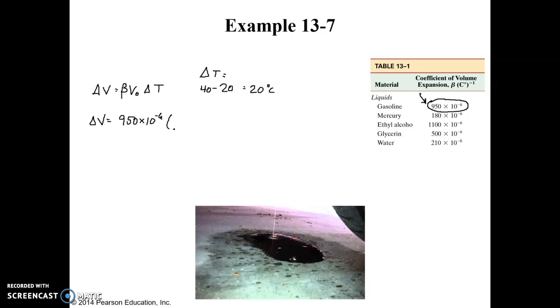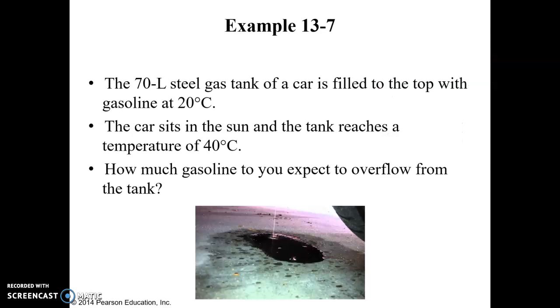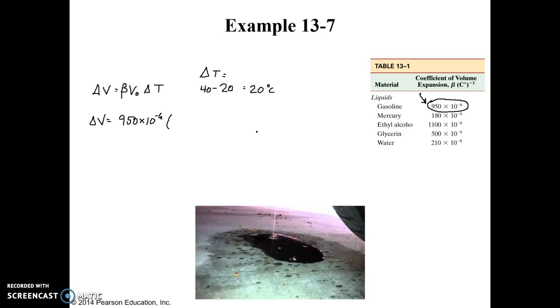And we're going to multiply that by the initial volume of our tank, which, if we take a look back here, was 70 liters, times our delta T, 20 degrees Celsius.